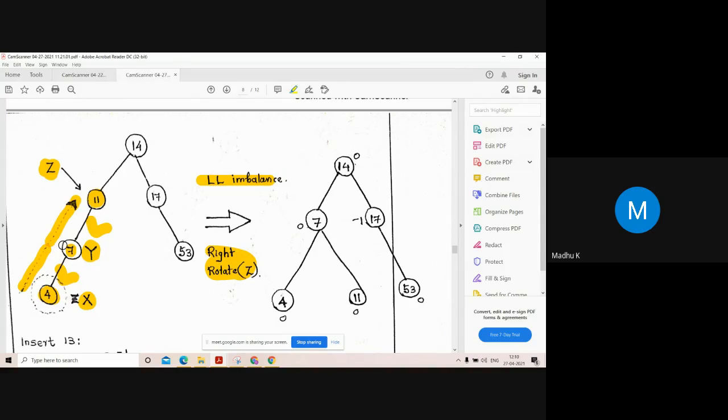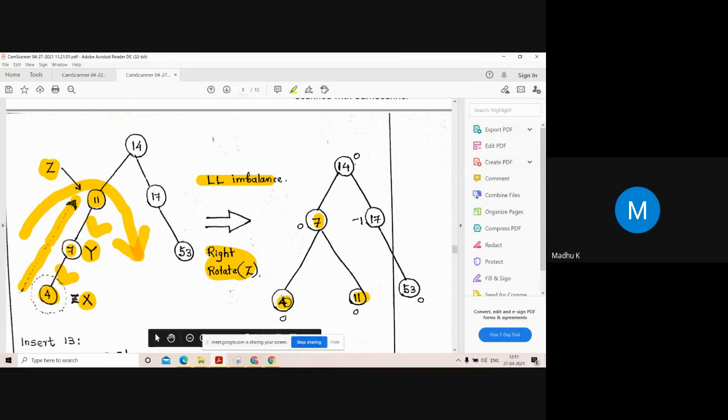So what will happen is that we rotate this subtree in this way. You can check here. What happened is that 7 is moved here, 11 is moved here. Just simple. This 11 is moved in this way, 7 is replaced there.